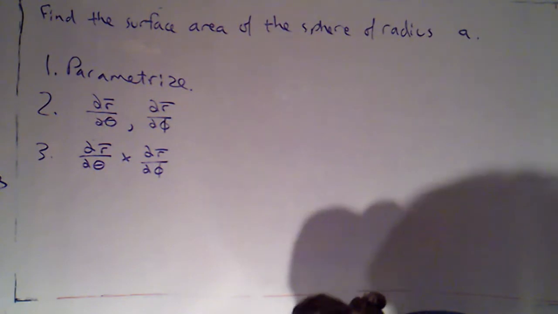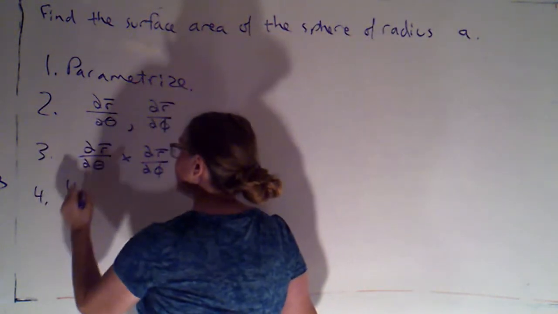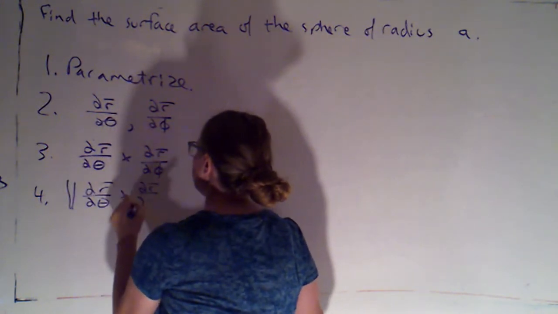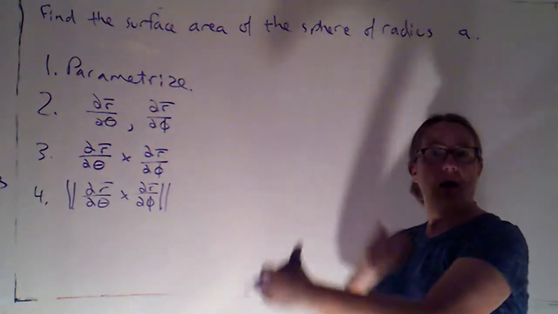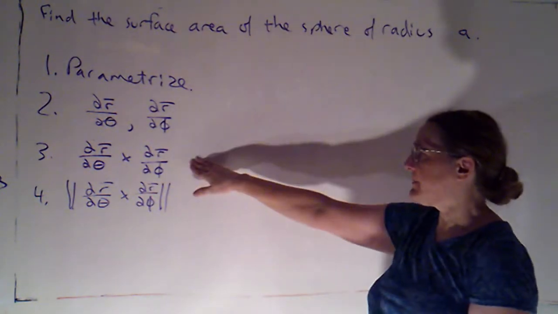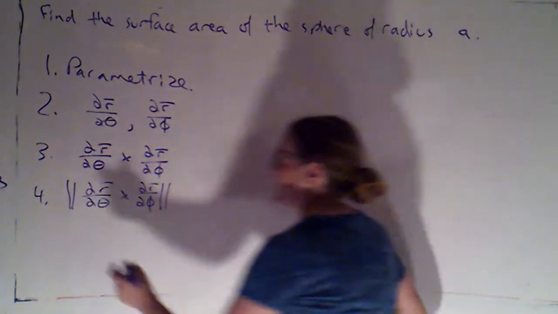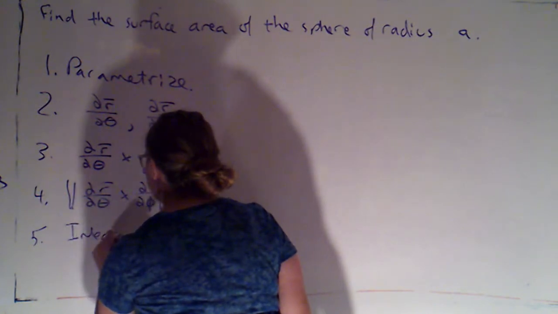And for the purposes of surface area, of course, what we're going to do as soon as we calculate that is calculate its magnitude. And so if you did this in the opposite order, you'd get the opposite vector here, but you'll get exactly the same magnitude. Okay. And then in step 5, we will integrate.